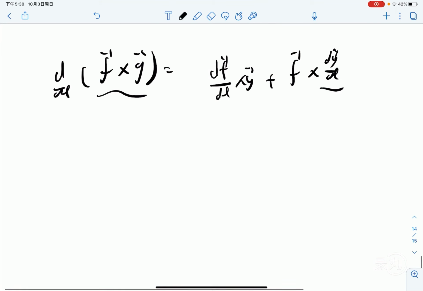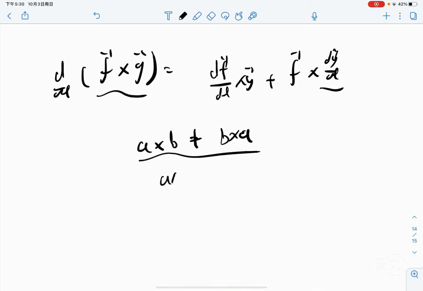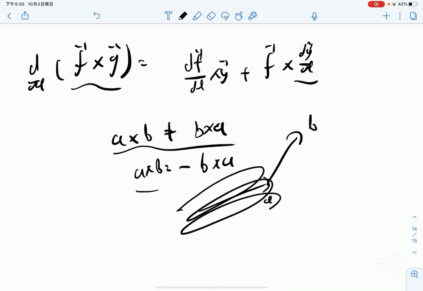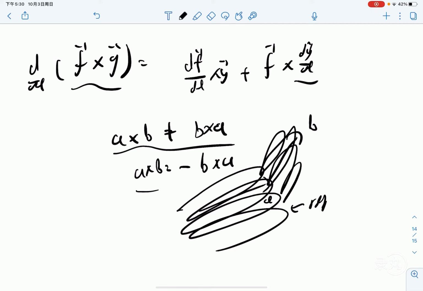Notice that a cross b is not equal to b cross a, because the direction is opposite, so a cross b must be equal to the negative of b cross a. What I mean is that if you take a vector a and then a vector b, and use your palm facing that way and your fingers, with the right hand, the direction is going to be this way.